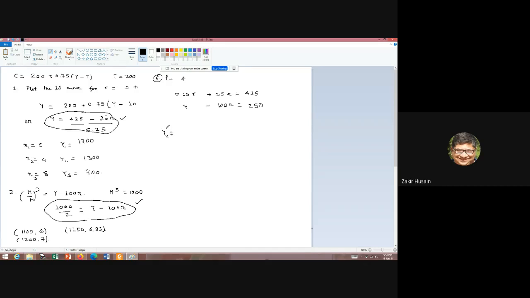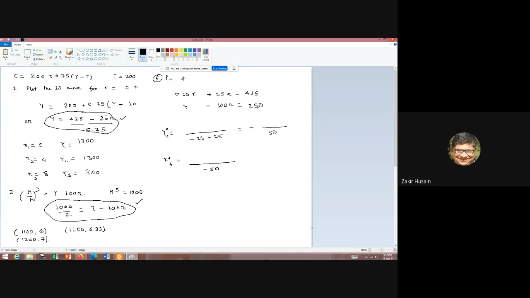Then what is Y at price 4? So is it 7.25? Sorry, R is 7.25. Yeah, I'll have to check.